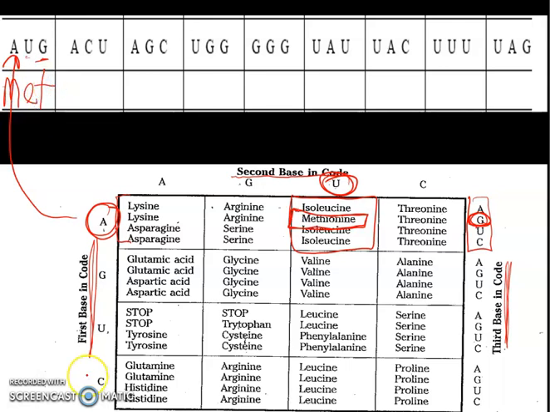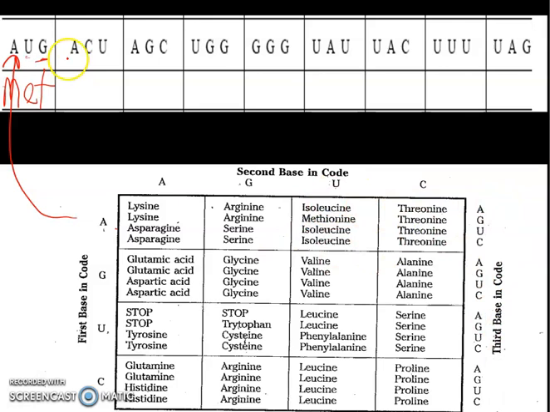All right, let's do the next one. Over here, A, C, U, U, A, C, U, right here.